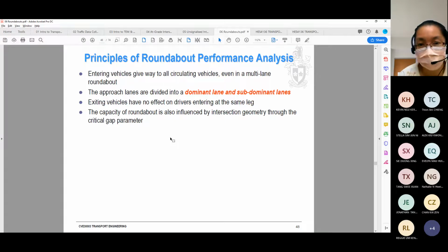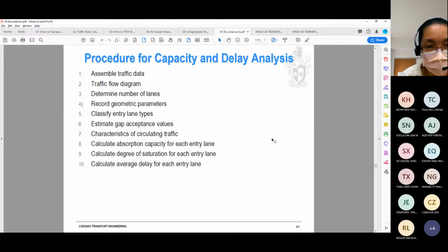If you have a single lane roundabout, it is always a dominant lane because the vehicles don't have anywhere to go except that same lane. If it is a 2-lane roundabout, then we will have to determine the dominant and the subdominant lanes.